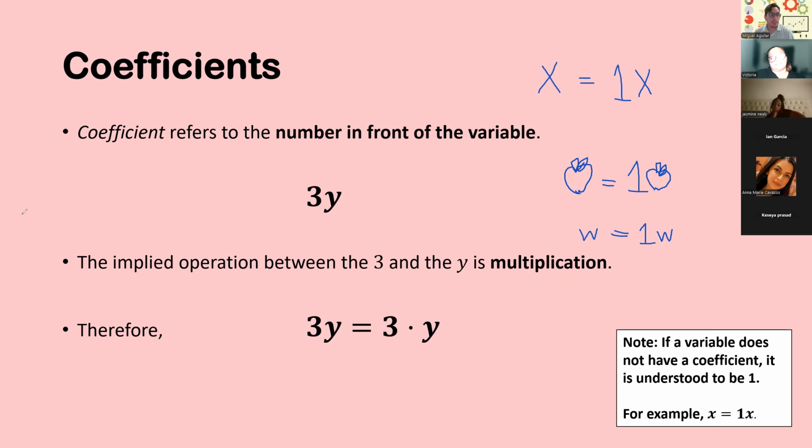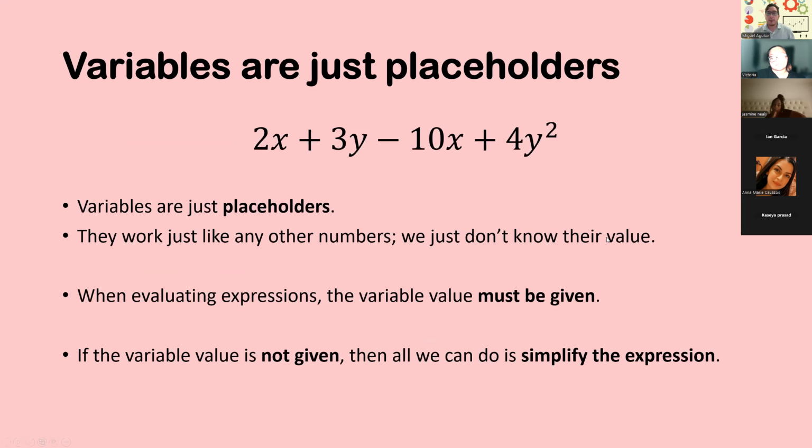Okay. So moving on. Variables are just placeholders. It doesn't matter how crazy or complicated an algebraic expression looks. They're just placeholders. They work like other numbers. We just don't know their value yet. What we're going to learn how to do is evaluate some expressions.